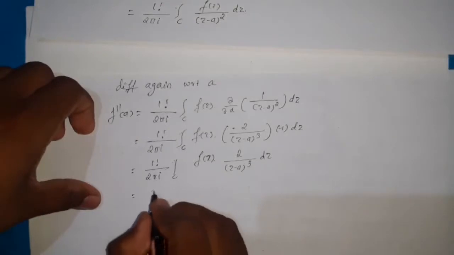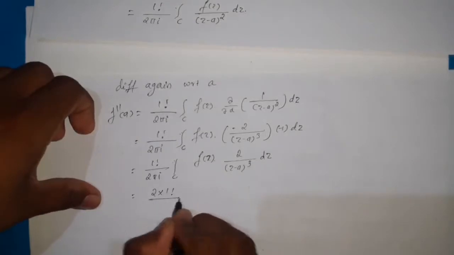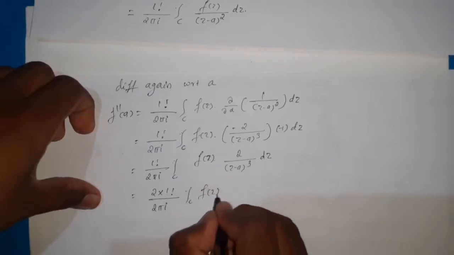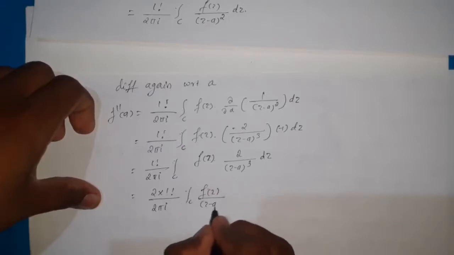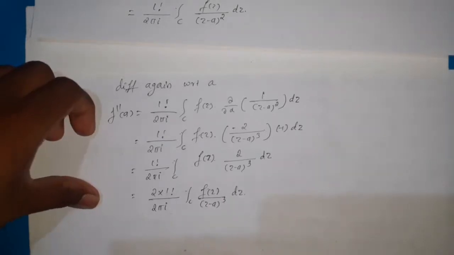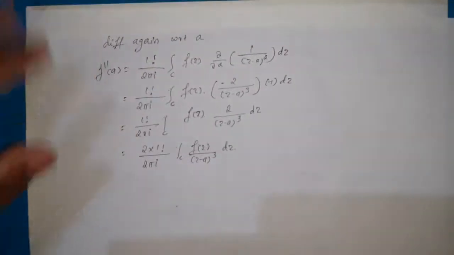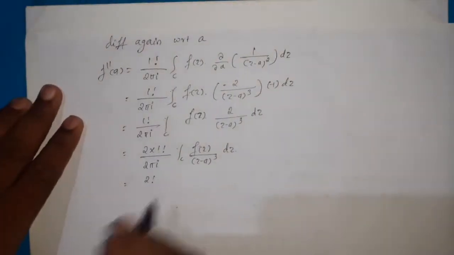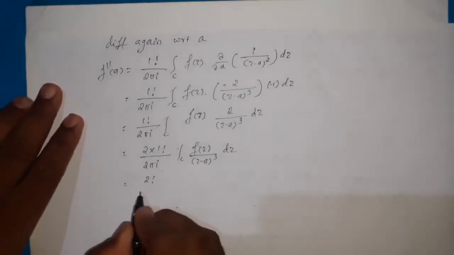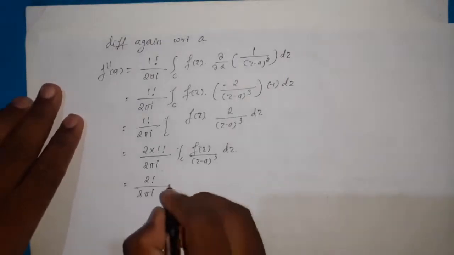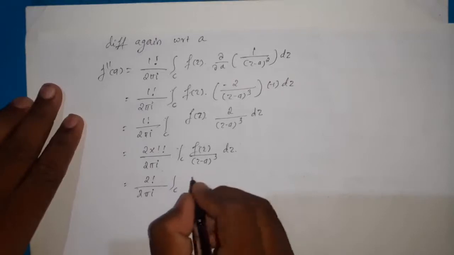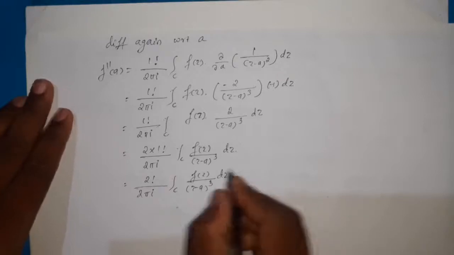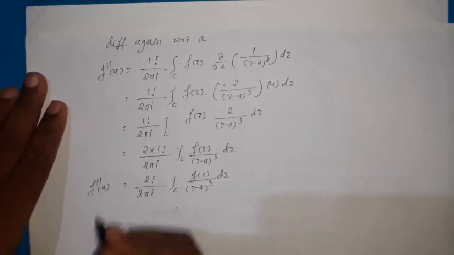Then this is equal to 2 into 1 factorial divided by 2 pi i integration over C f of z divided by (z minus a) whole cube dz, right? So here 2 into 1 factorial means that is 2 factorial, because 2 into 1 can be written as 2 factorial, divided by 2 pi i integration over C f of z divided by (z minus a) whole cube dz, f double dash of a.